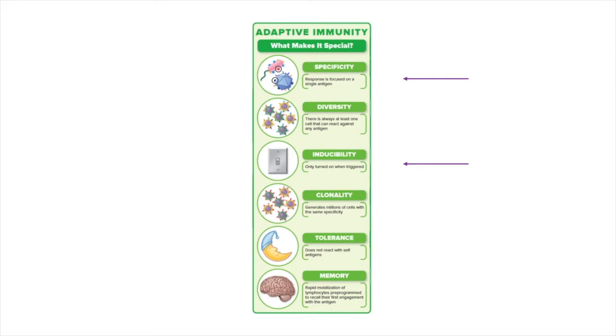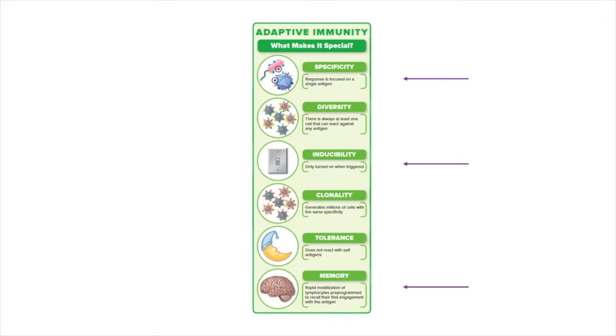The next thing we want to talk about is inducibility, and that is that the adaptive immune response is generally in the off position, and it only is activated once the antigen to which it has become sensitized in the past appears again in the body, and then it's induced or turned on.